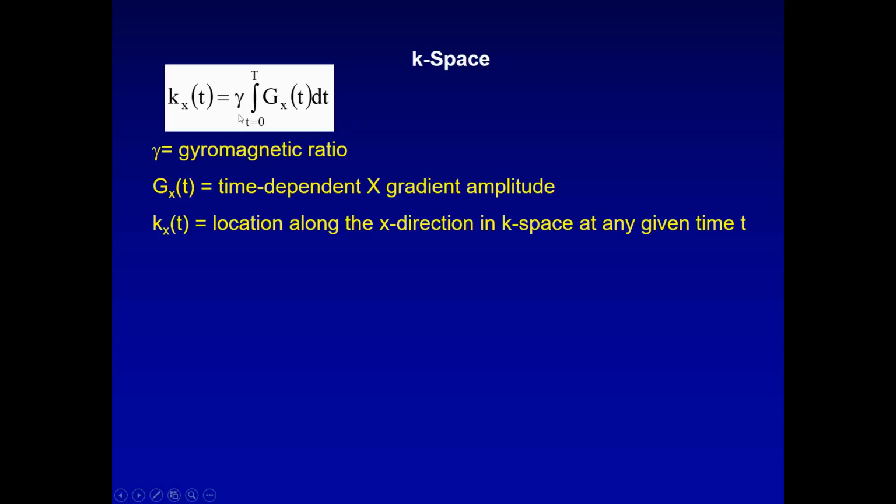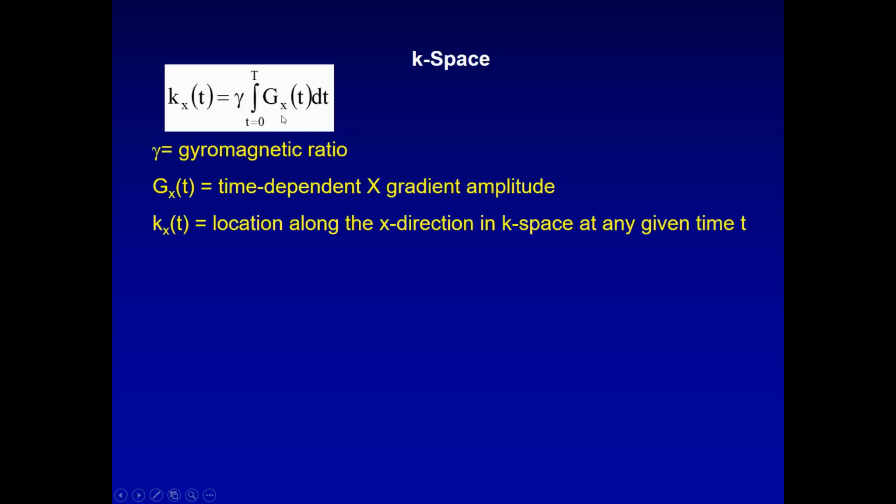The reason it has is there's an equation that relates where we are in k-space relative to what the gradient is. So our location, say just for an x gradient, if we tip into the xy plane and we have an x gradient applied, where we are is equal to the gyromagnetic ratio times an integral from 0 to whenever we turn off our gradient of whatever the gradient function is.